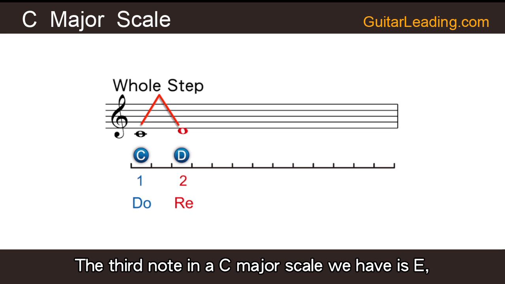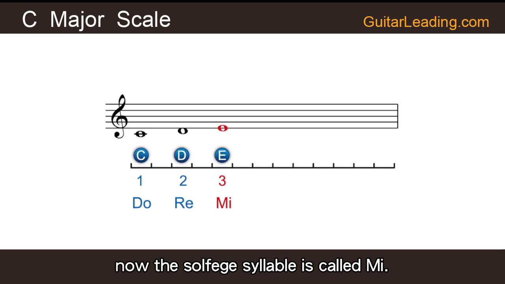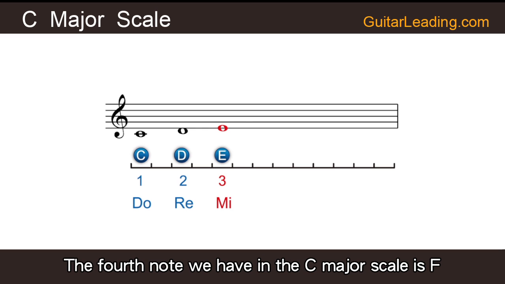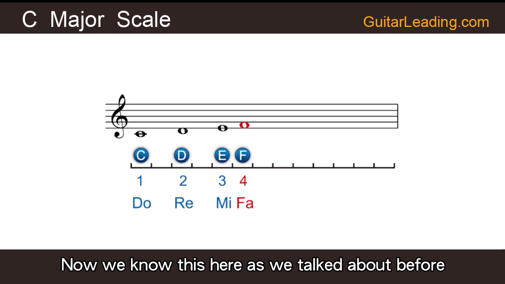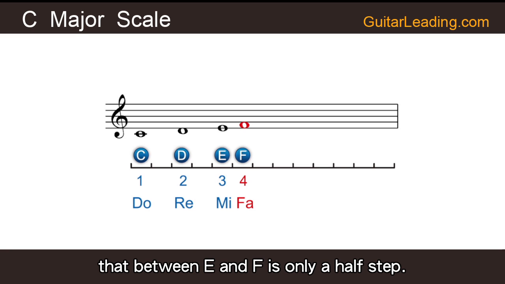The third note in a C major scale we have is E. Now the solfege syllable is called Mi. The fourth note we have in the C major scale is F. The solfege syllable being Fa. Now we notice here, as we talked about before, that between E and F is only a half step.